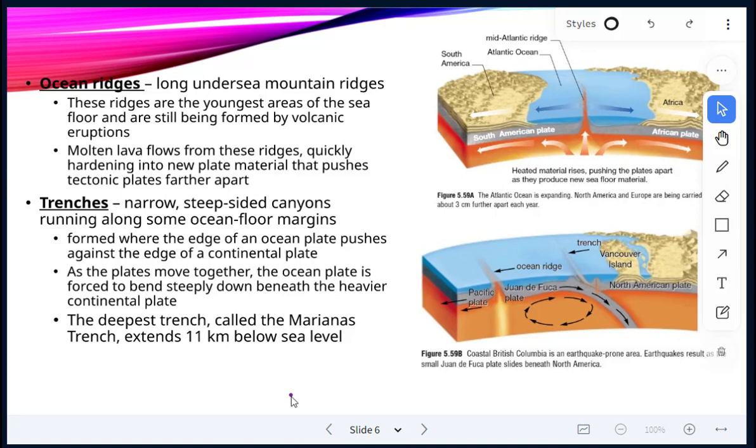These are formed where the edge of an ocean plate pushes against the edge of a continental plate. As the plates move together, the ocean plate is forced to bend steeply down beneath the heavier continental plate. The deepest trench, called the Marianas Trench, extends 11 kilometers below sea level.